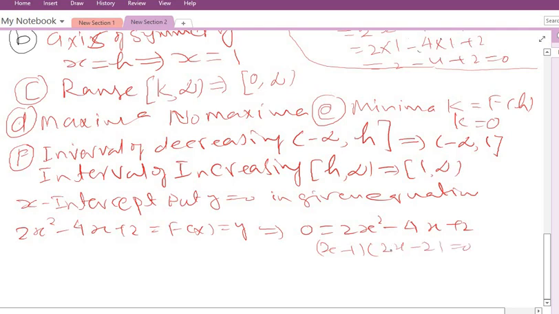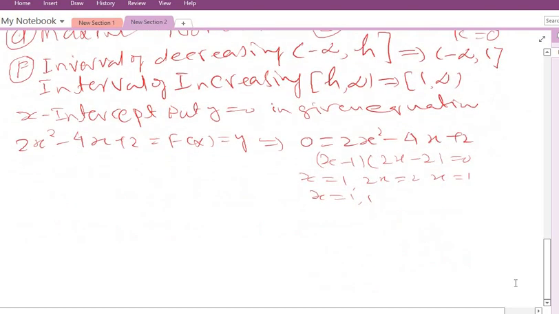So x equal to 1 and 2x is equal to 2, that means x is equal to 1. So x is equal to 1. This is the x-intercept.